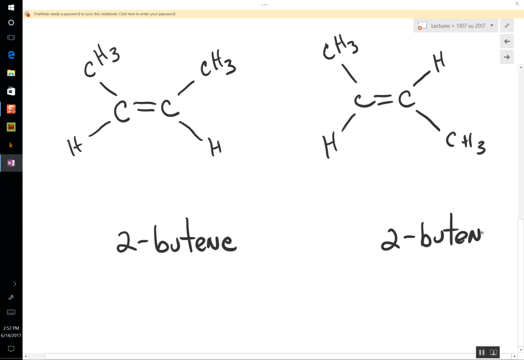How are we going to distinguish them? Well, we're going to call this cis 2-butene. And the one on the right here, we're going to call trans 2-butene. These are cis and trans isomers.